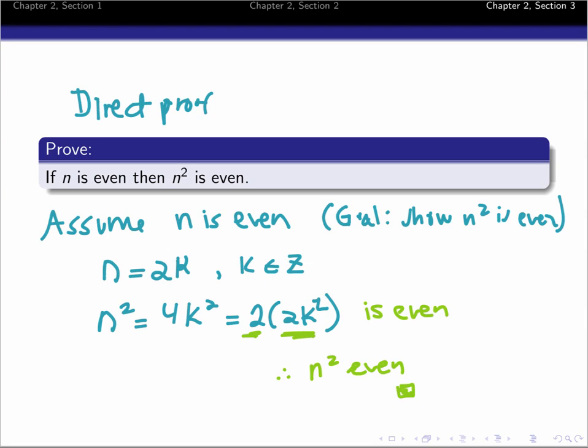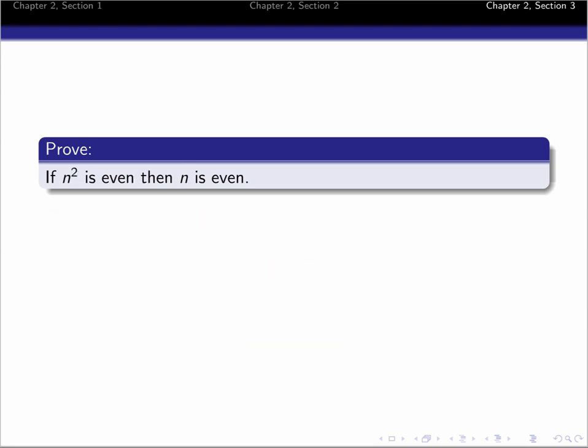So let's try that same kind of process on a very similar question. It says prove if n squared is even, then n is even. So if I try the direct proof on this, okay, n squared is even. Assume your first part. Well, if n squared is even, that means n squared is 2k, where k is some integer. But now if I want to get to n, I'd have to take the square root.